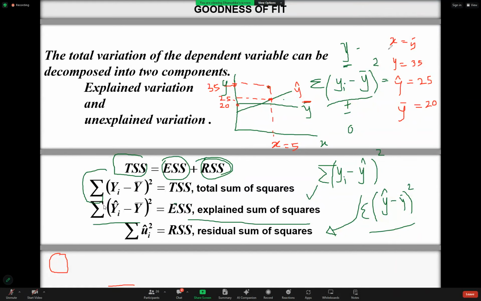Then for this observation, what is the total variation of y? Total variation of y is y minus y bar.